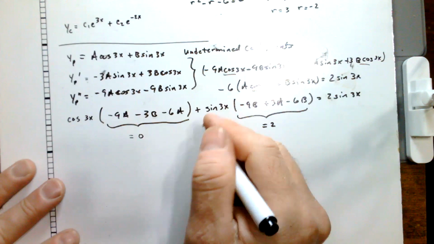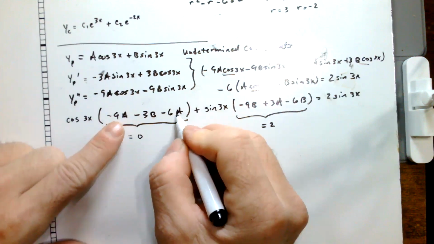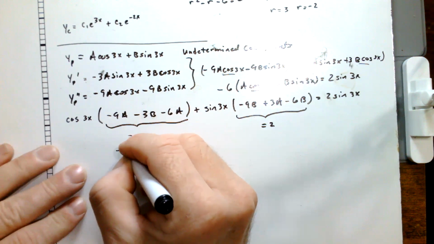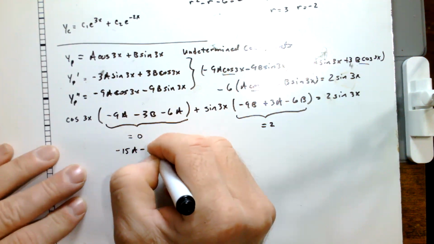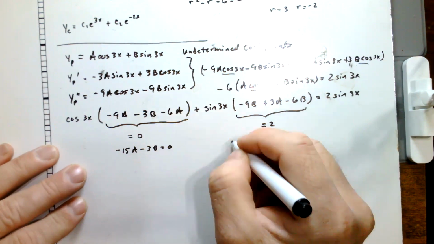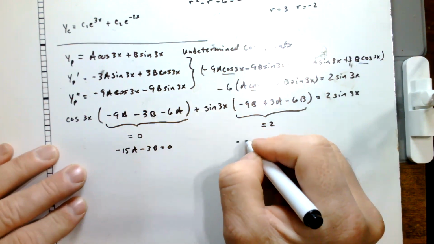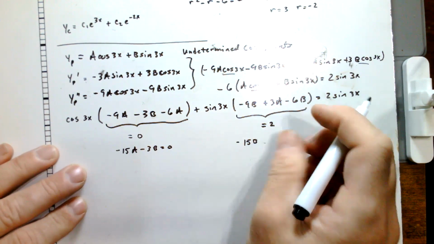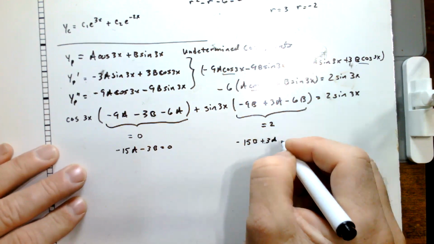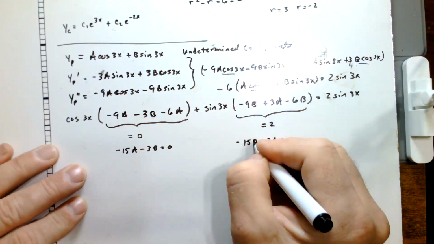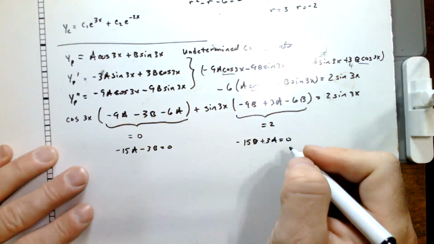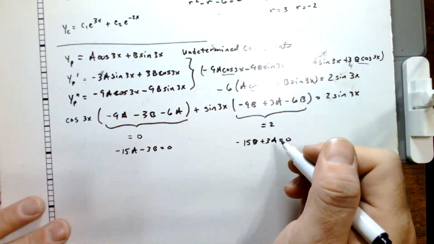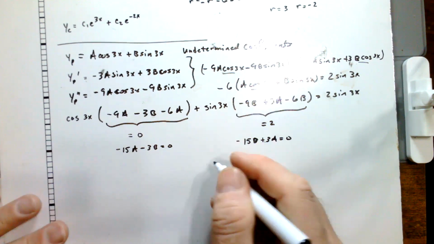All right, so doing that, and recognizing that these can combine as like terms, I have a system of equations: negative 15a minus 3b equals 0, and negative 15b plus 3a equals 0. Okay, you can solve this in any number of ways: substitution, elimination, however you choose to do so.